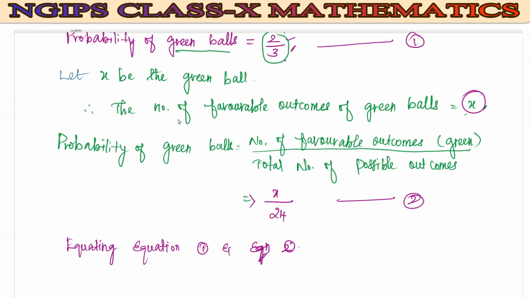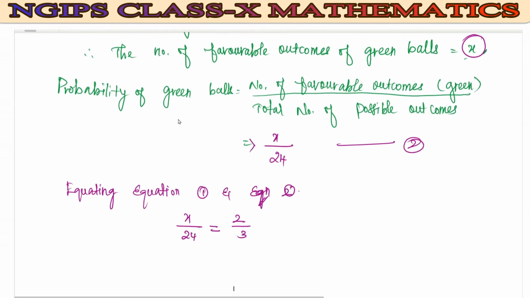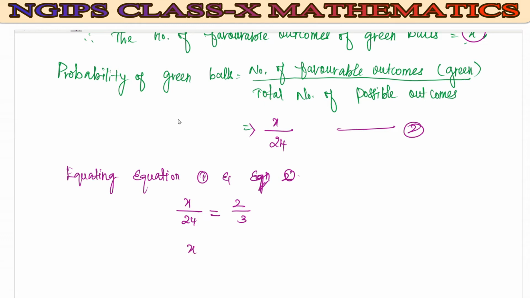On the left hand side we have 2 by 3, the probability of green ball, and we have x by 24. So x by 24 is equal to 2 by 3, both the probabilities. Now x is equal to, when you shift the division to the opposite side, it becomes multiplication, 2 by 3 into 24.